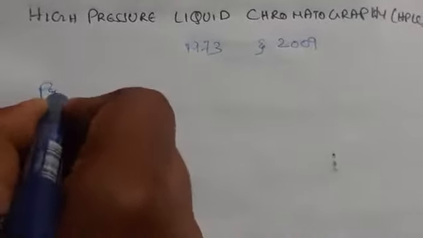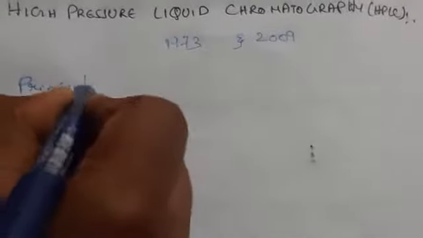Now let us go into the principle. Let us see what is the principle of high pressure liquid chromatography. We know column chromatography, in which different types of columns are used. Sorry for the disturbance.